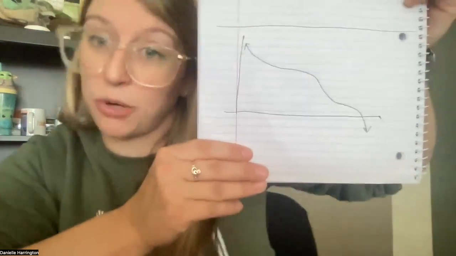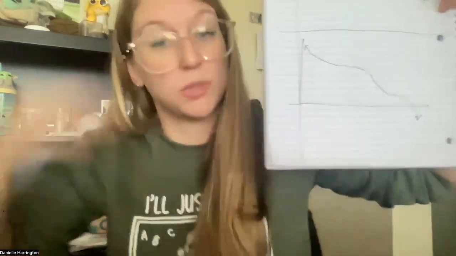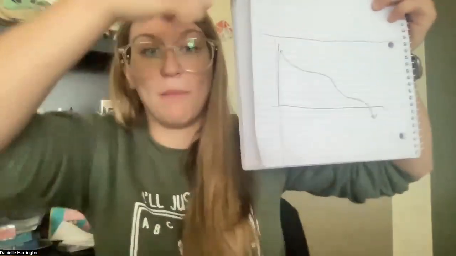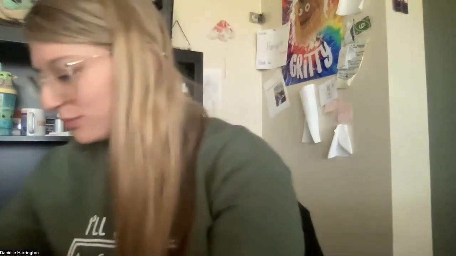Or it could be a decreasing function, where as my input values increase still, because we're still moving left to right, my output values drop or decrease. Increasing, decreasing, those are the two basic ways. It could be straight across, but that's when y equals a specific number.